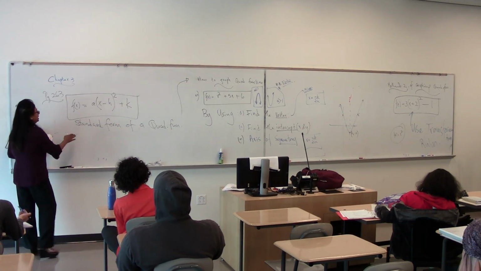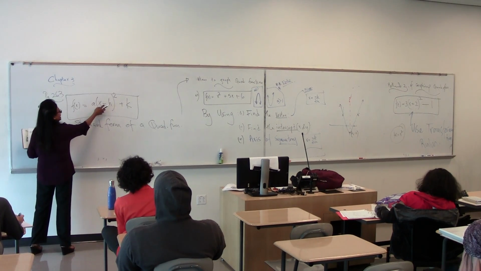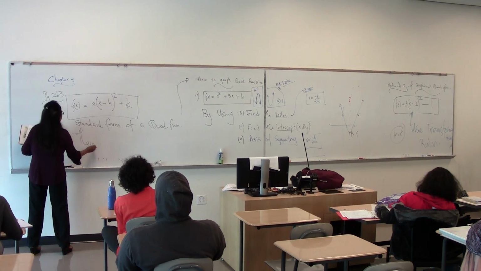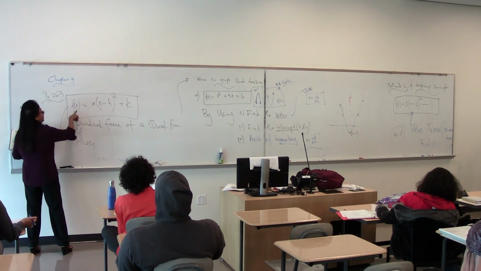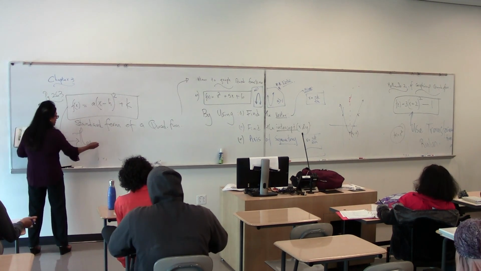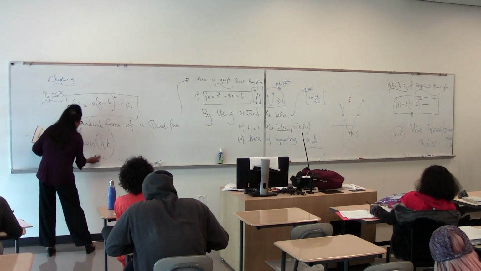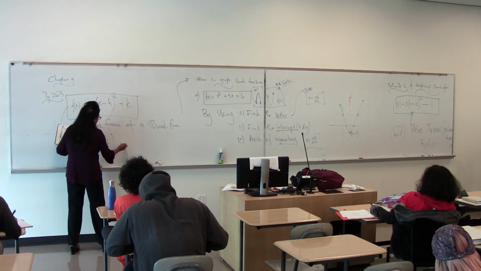Now when you have this, make sure there's a negative here, okay? Then if the quadratic function is given in standard form like this, then h comma k is the, what do you call this?